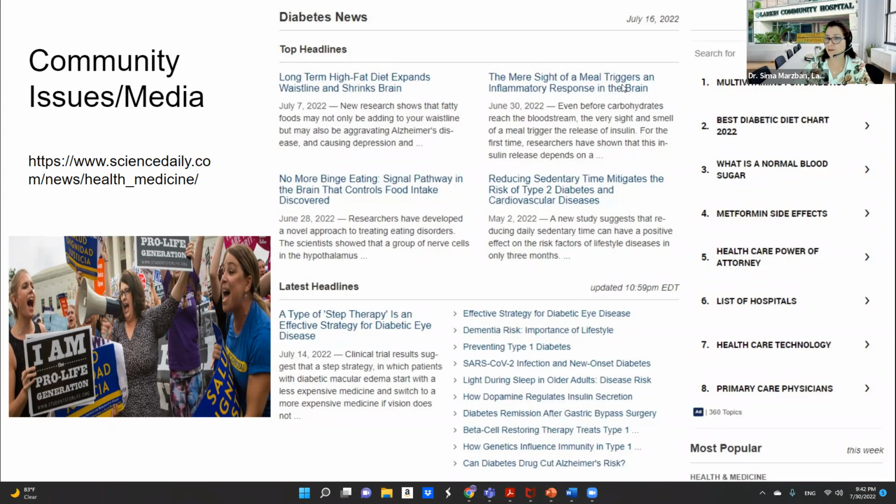The mere sight of a meal triggers an inflammatory response in the brain. Again, reducing sedentary time mitigates the risk of type 2 diabetes and cardiovascular diseases. You can find many triggers here that can be a starting point of your thoughts for research.